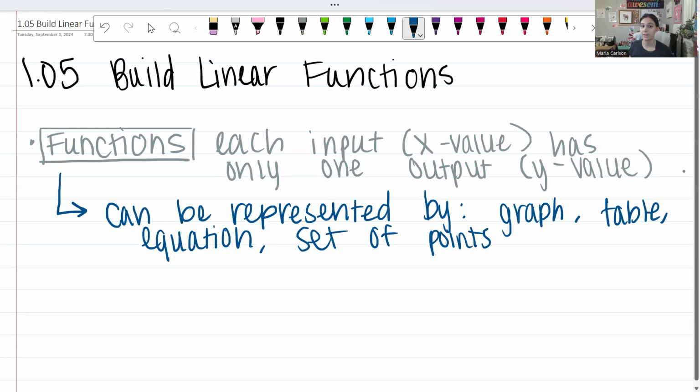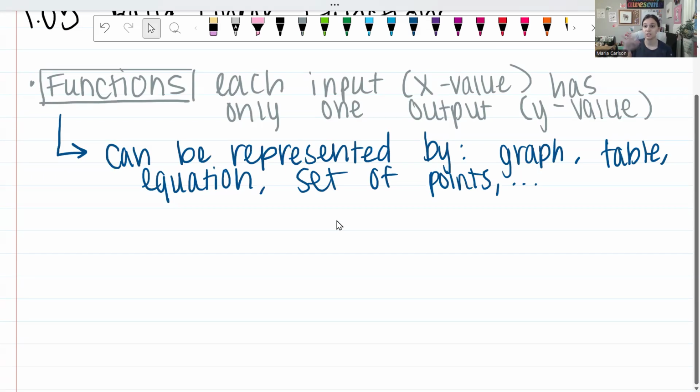There are lots of ways. And honestly, I'm gonna go dot, dot, dot, because there are more. We could verbally describe it. We could see it in real life. We could just analyze some real life situation.